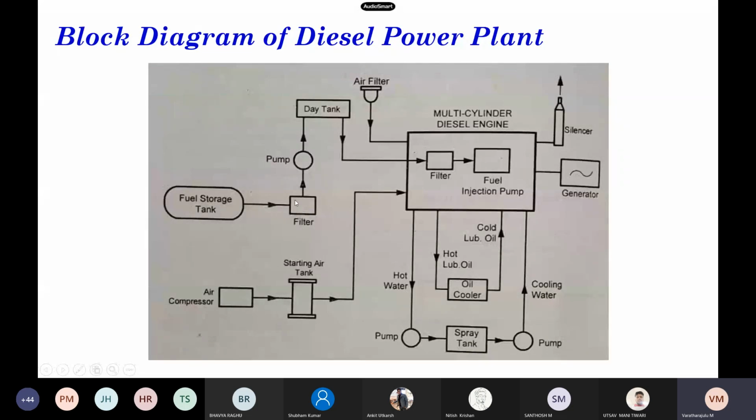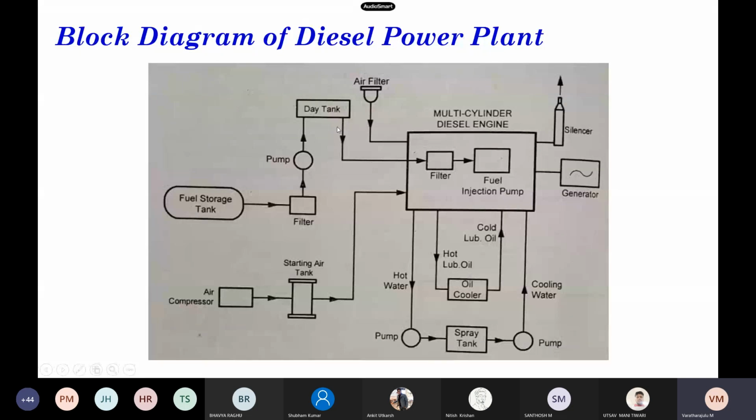This is the overhead tank. Without much power supply, the fuel has to be sent to the diesel engine. Therefore, it is elevated to a certain height, and that is why it is an overhead tank. But it is called a day tank, because all day it has to supply the fuel.